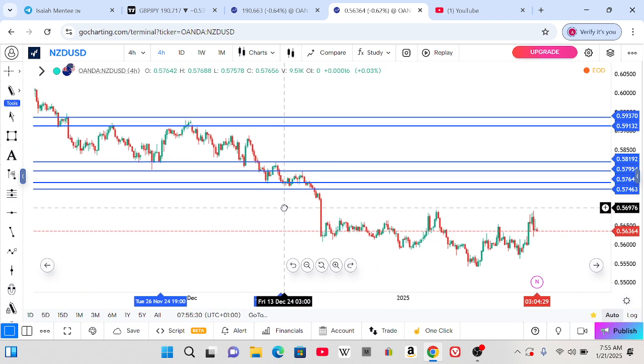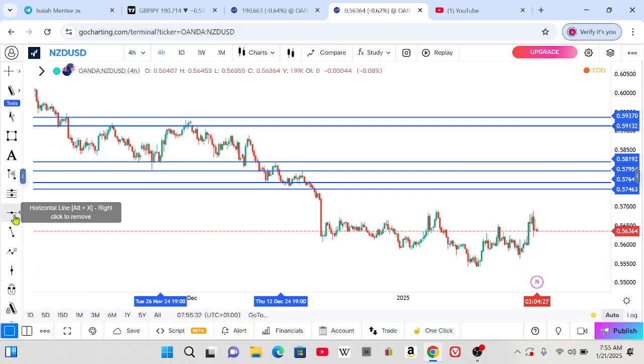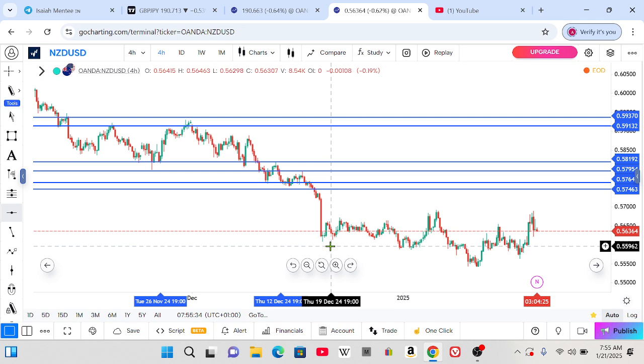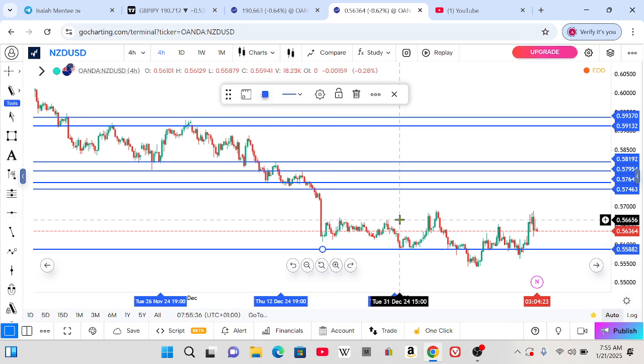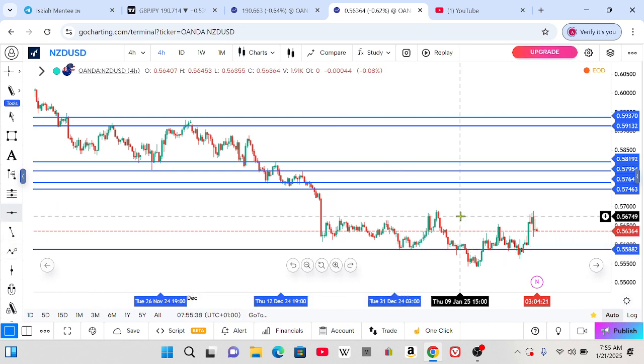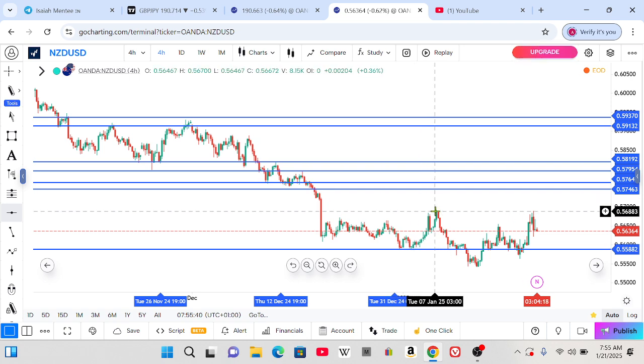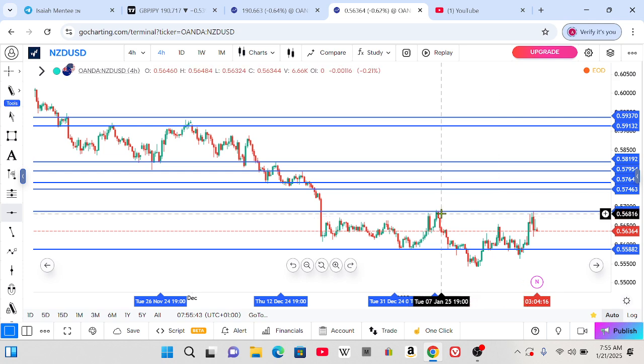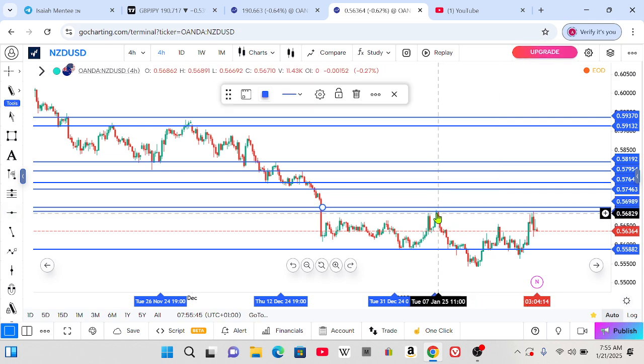So if you continue like so, you see how unkempt or dirty it is going to look.